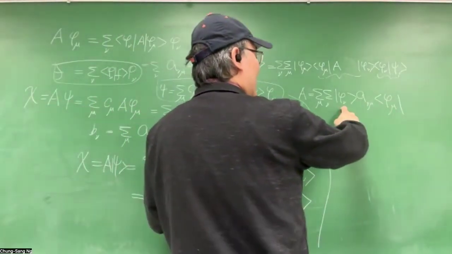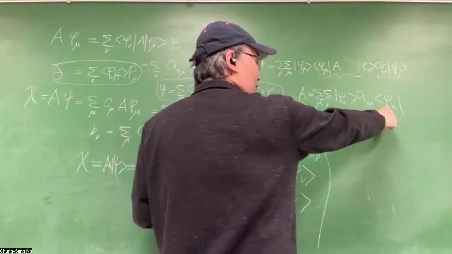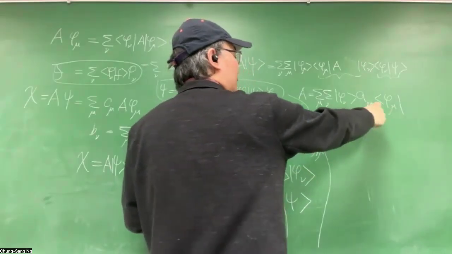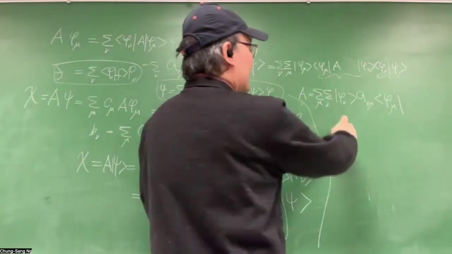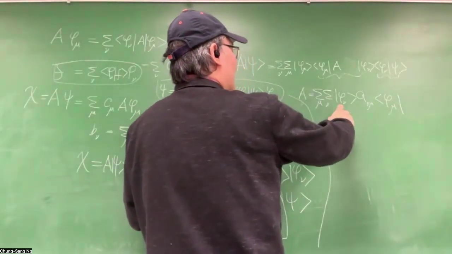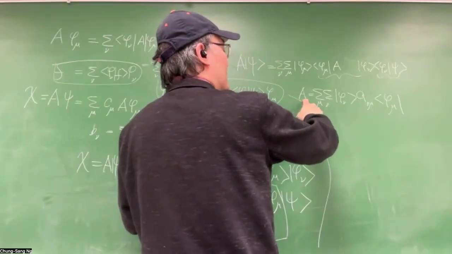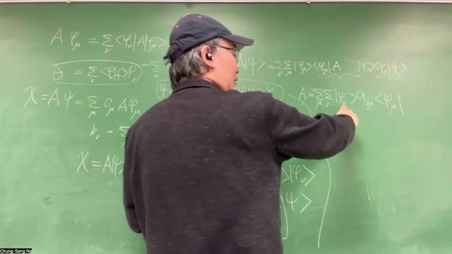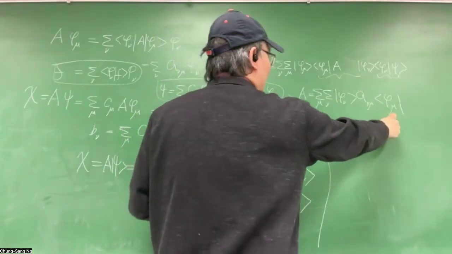If you reverse the order, this is like a column vector and this is like a row vector. A column vector multiplied by a row vector gives you a matrix. So this is explicitly expressing A as a matrix, but the matrix is now expanded using all the basis states, the ket column vector multiplied by the bra row vector.